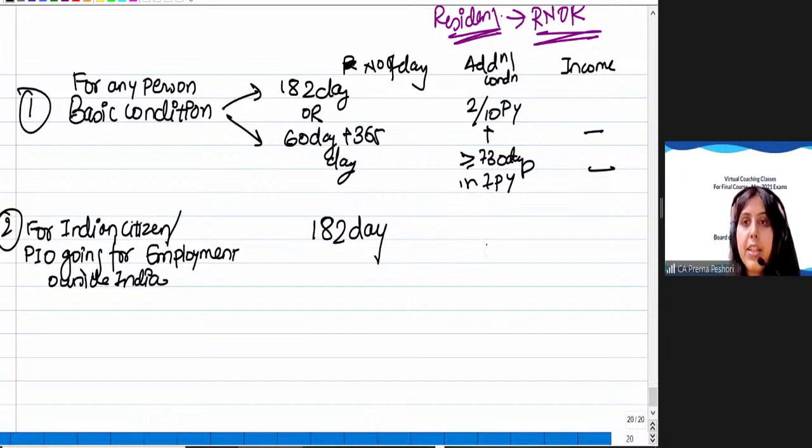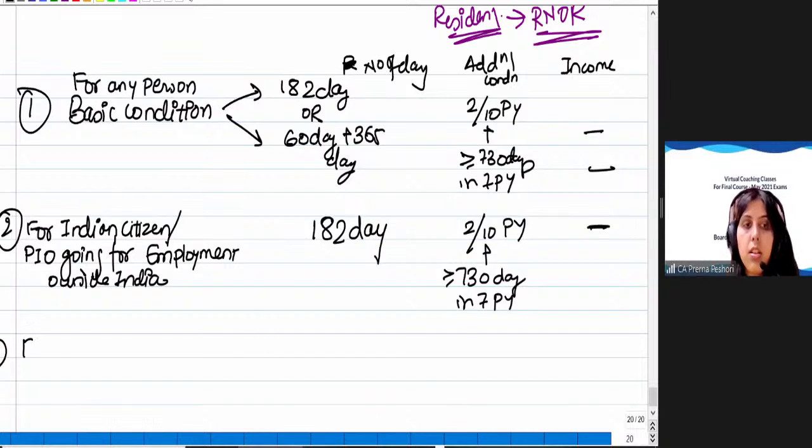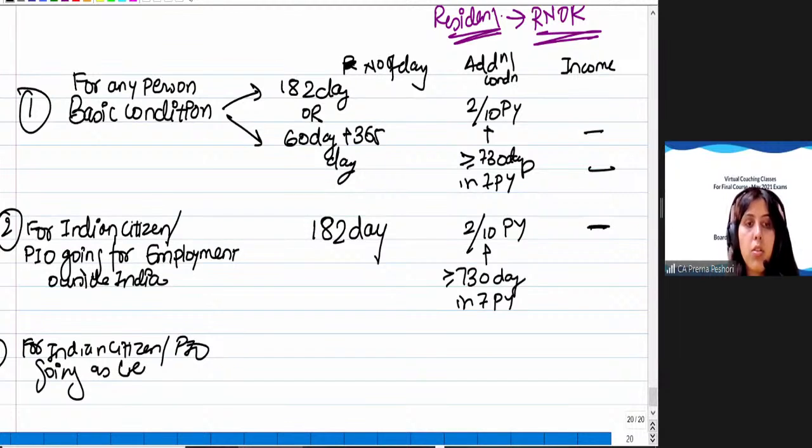Additional condition: 2 out of 10 previous years plus 730 days in 7 previous years. There is no income condition. Third, for an Indian citizen or PIO going as crew of an Indian ship, same as the second condition.